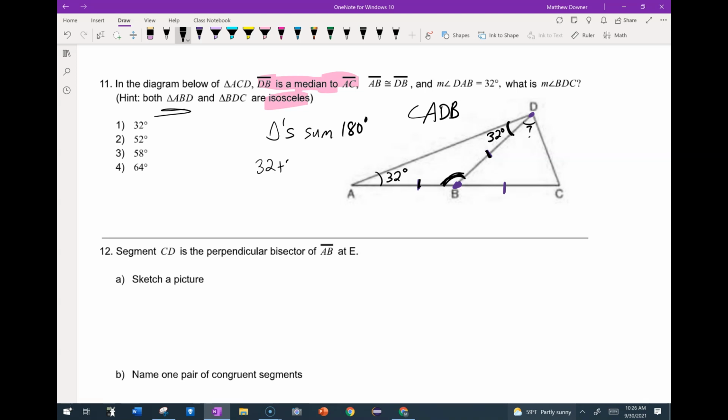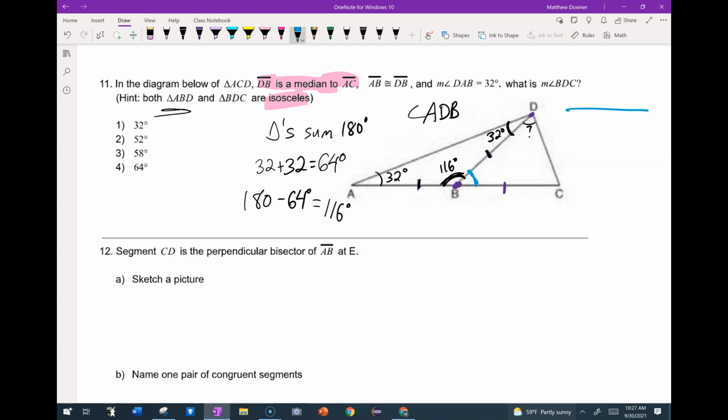So if I already have 32 degrees and 32 degrees, that's 64 together. And if I subtract that from 180, I find that really that obtuse angle right there should be 116 degrees.